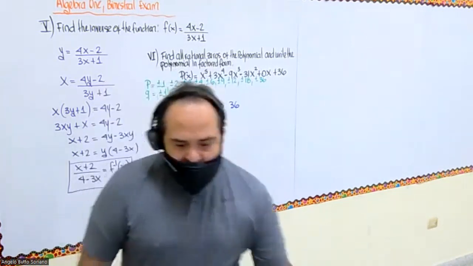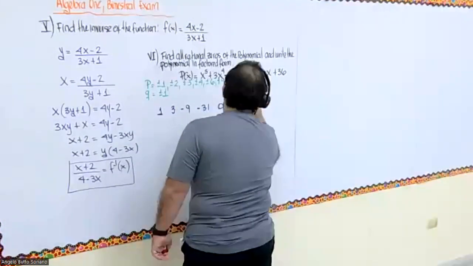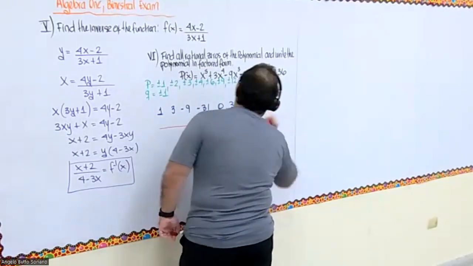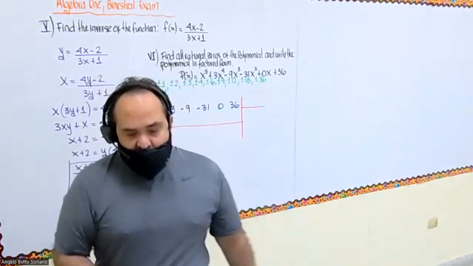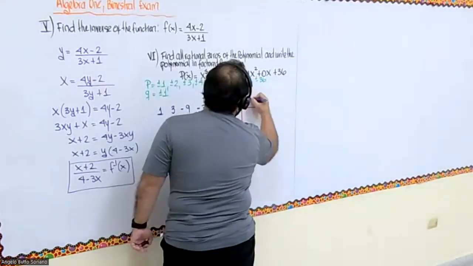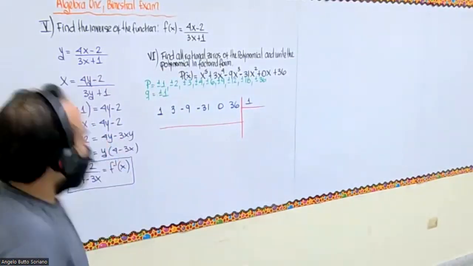And remember, we can apply this synthetic division. And because we're testing every number by number, we conclude the chosen one will be the number 1, right? Okay, let's continue with the process.